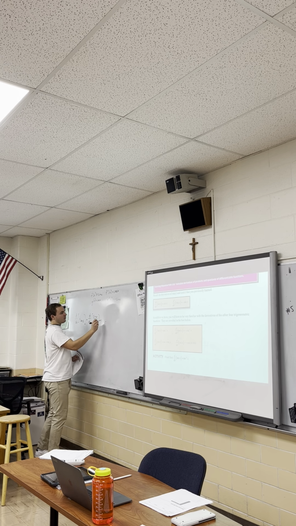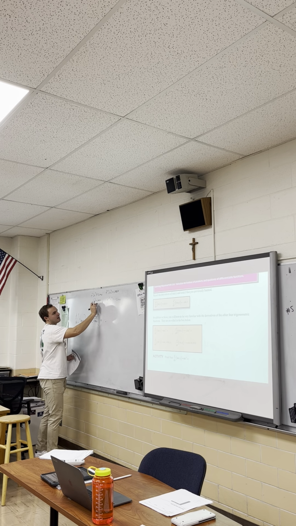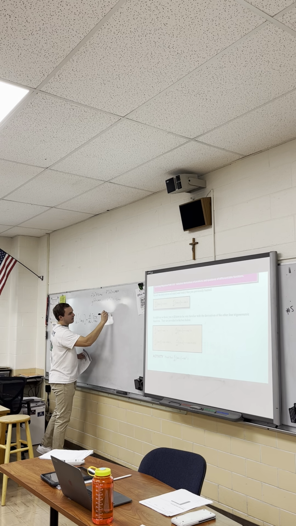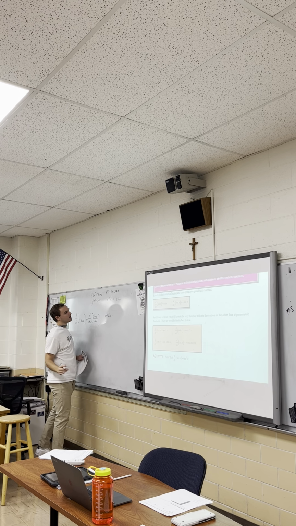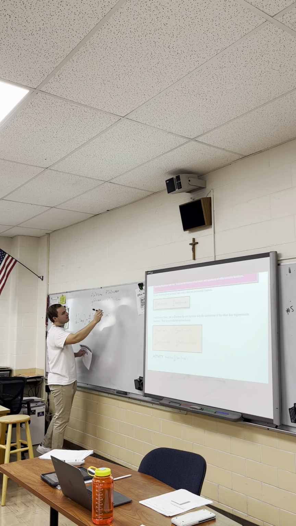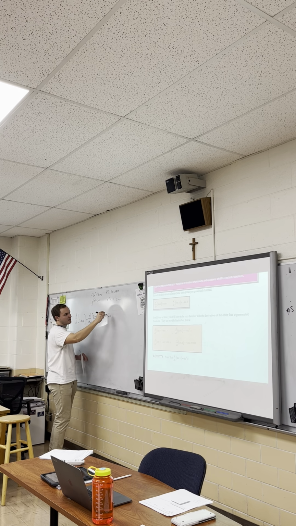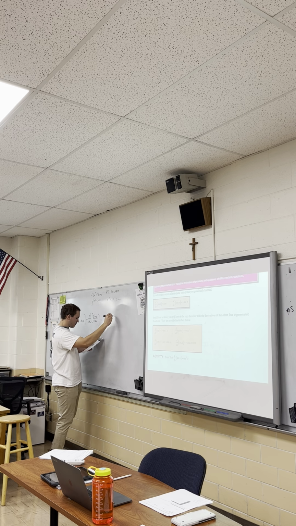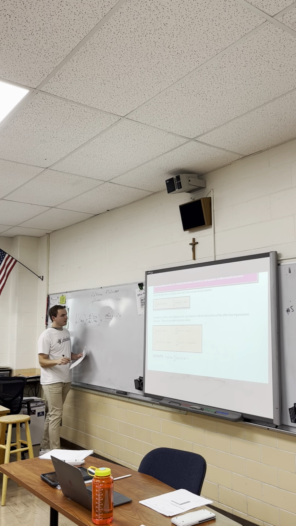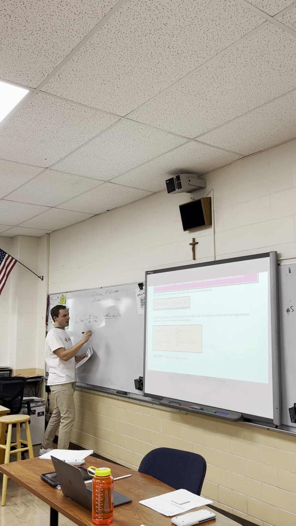Quotient rule, right? It's going to be f prime times g, so cosine squared of x, minus f times g prime. So that's minus a positive times a negative, so it's going to be plus sine squared x. And that's all over what? Cosine squared.